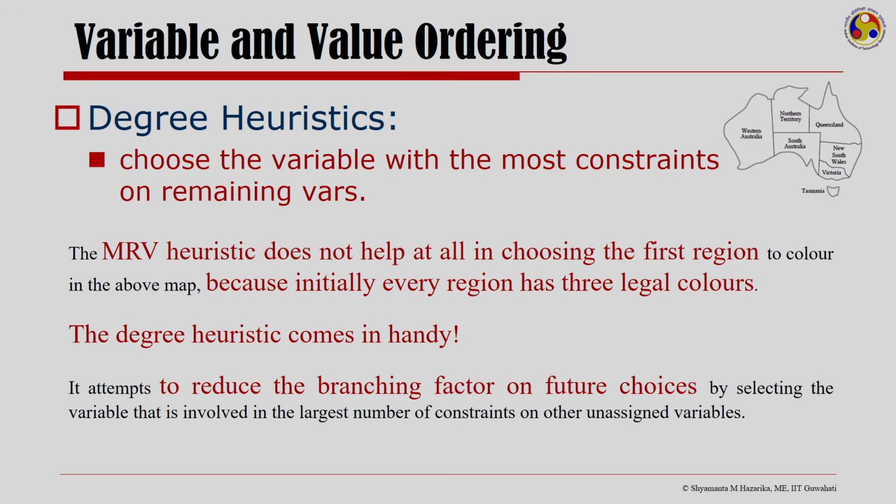Now, this is where the degree heuristic comes in handy. The degree heuristic lets us choose a variable with the most constraints on remaining variables, and it attempts to reduce the branching factor by choosing the variable that is involved in the largest number of constraints on other unassigned variables.